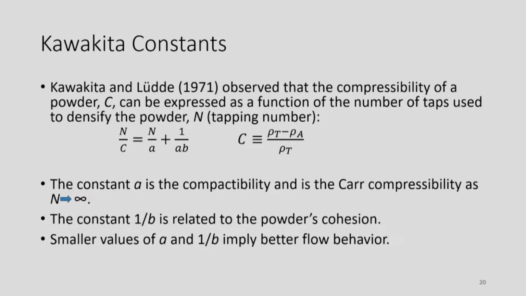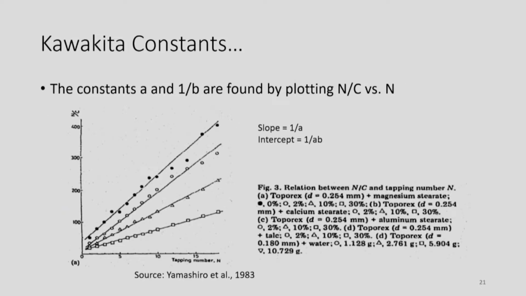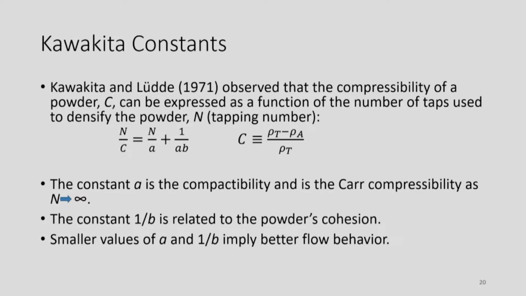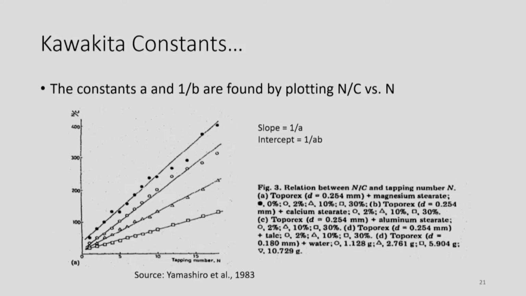Again, as the number of taps tends to infinity, you can go on increasing the number of taps to get the tap bulk density, but at one point it stabilizes and becomes constant. Okay. So this is a simple relationship, right? If you plot N over C versus N, you get a very linear relationship.